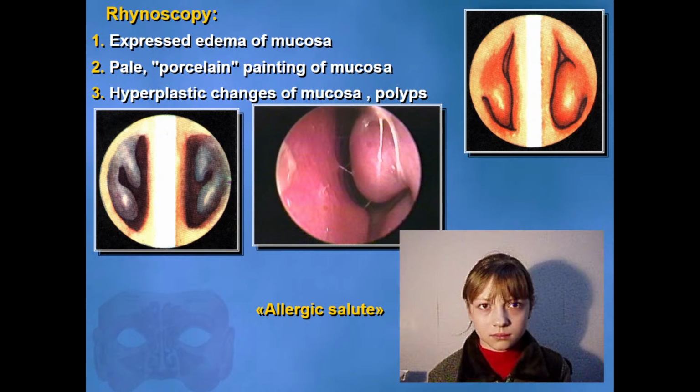So during rhinoscopy, you can see edema of mucosa, severe edema of mucosa, porcelain painting of mucosa. Sometimes you can see hyperplastic changes of mucosa or even polyps. And also we can see in such a patient the allergic salute.